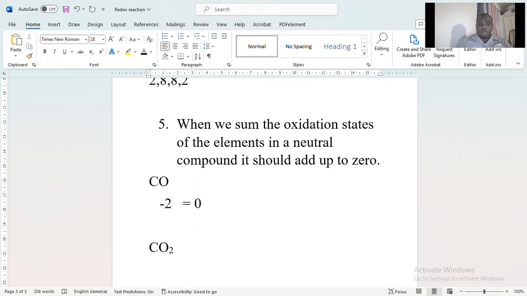And so more than one rule will help you to work and get to the oxidation number of an element that you have. The carbon right here is the one that we don't know. And usually when we don't know something in math, we say it is X. So technically X plus that -2 should get you to 0.